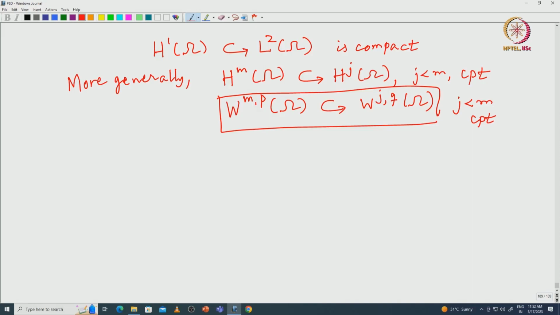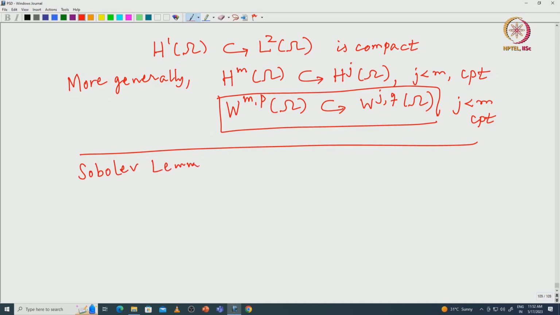Today I am going to discuss one such embedding theorem, but not in the Sobolev classes. This is basically called the Sobolev lemma in most of the books, or the Sobolev embedding theorem.